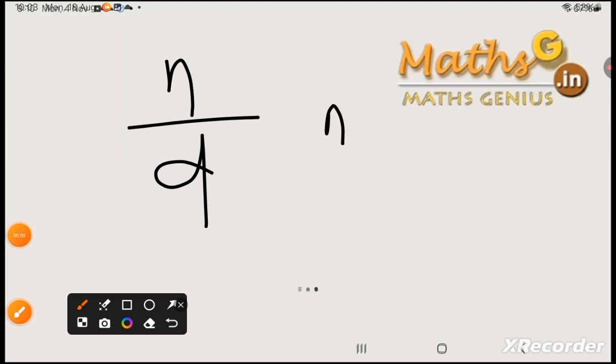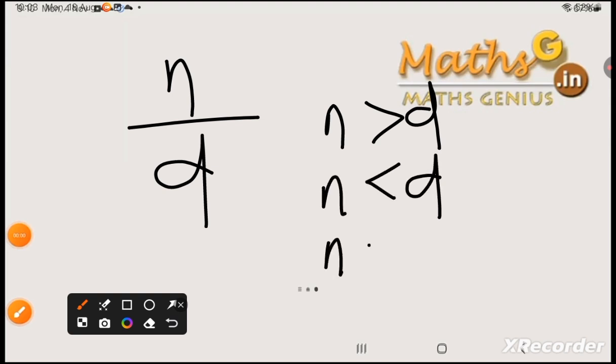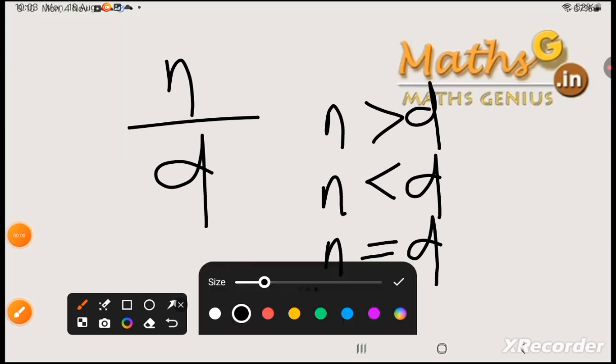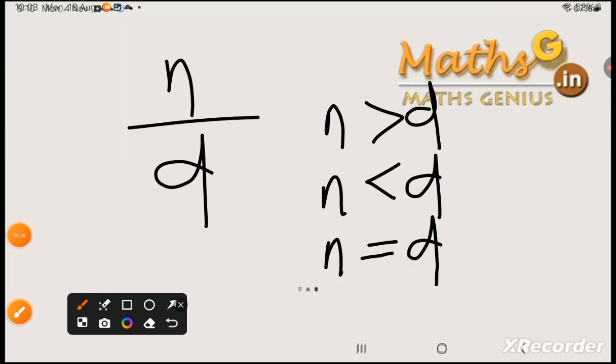Now depending on whether the numerator is greater than the denominator, lesser than the denominator, or equal to the denominator, we have three different types of fractions. Now, types of fractions.